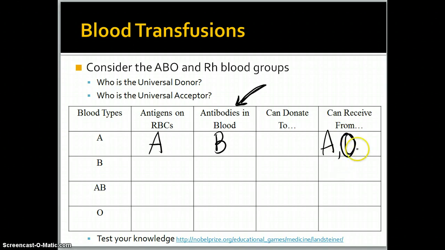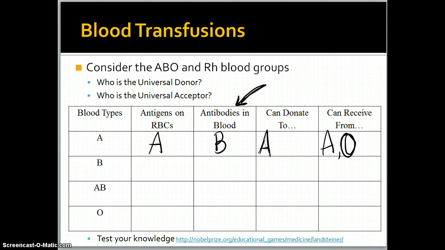Okay, they can't receive from B because there's B antigens that'll bond to their B antibodies, and they can't receive AB blood because AB also has B antigens that'll react with their B antibodies.